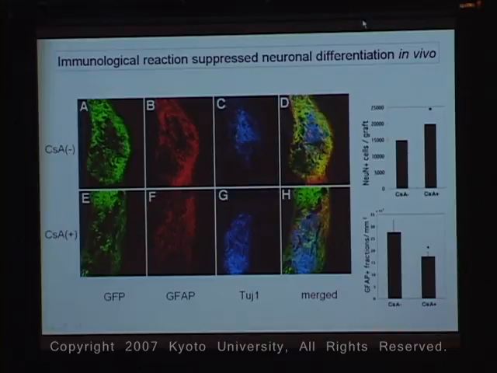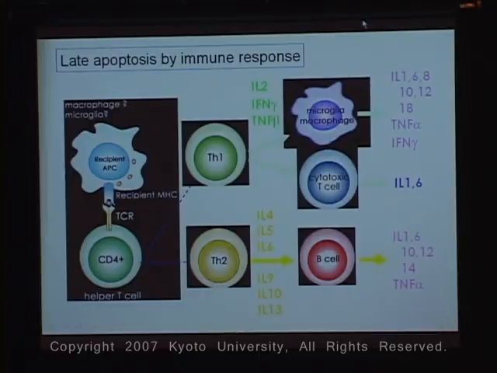So that means the suppression of the immunological reactions or inflammation is important not only for the cell survival, but also for the neuronal differentiation. So this is a simplified picture of the cytokines secreted by these cells.